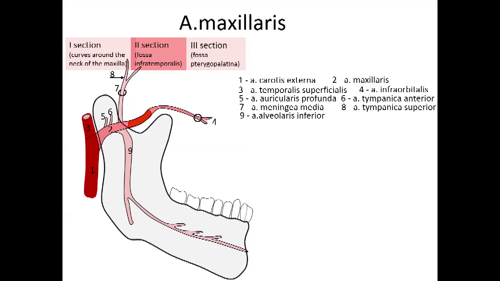So now we shall return to our presentation. Number 9, arteria alveolaris inferior, and number 10, arteria mylohyoidea. From arteria alveolaris inferior, arteria mylohyoidea passes to the muscle with the same name.